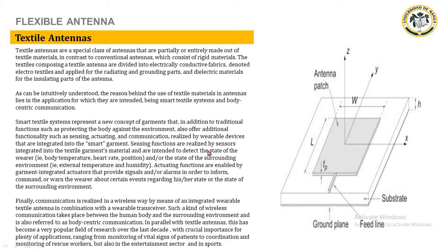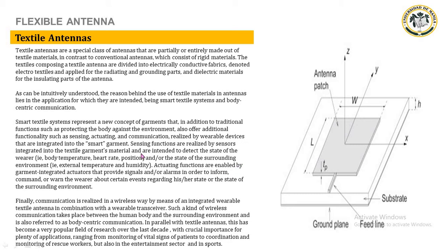Sensing functions are realized by sensors integrated into the textile garment's materials and are intended to detect the state of the wearer, for example body temperature, heart rate, position, and or the state of the surrounding environment, for example external temperature and humidity.